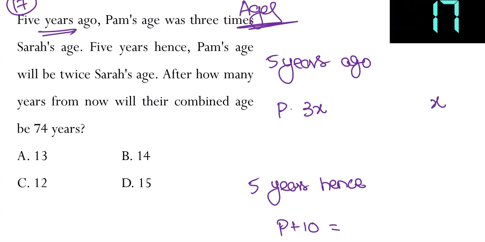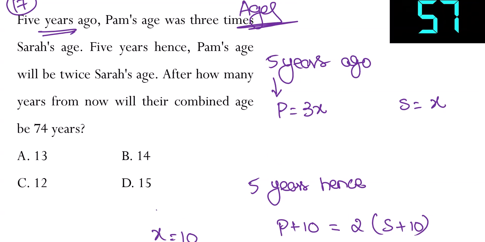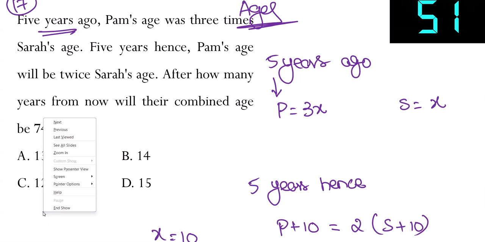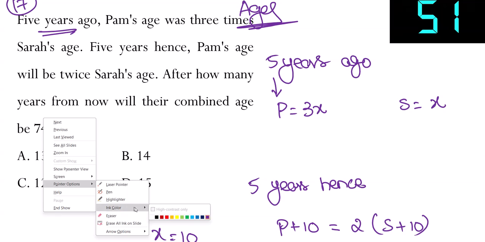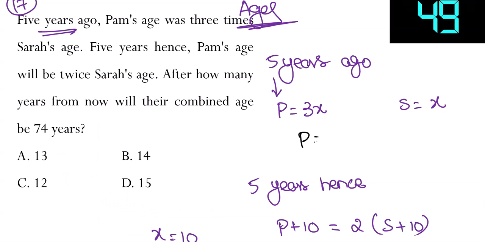Here, Sarah, I am taking 5 years ago as P. 5 years to present, present to future, then P plus 10, S plus 10 is required, not 5. So then we got x value 10 here. 3x plus 10, 2x plus 20, we got x value 10. Then P present age is 30, S present age is 10, together 40.